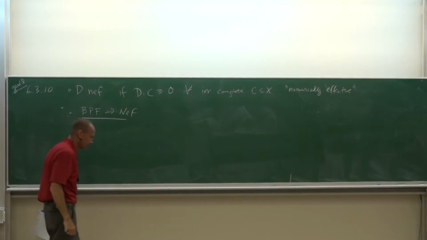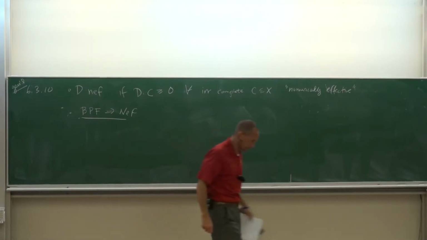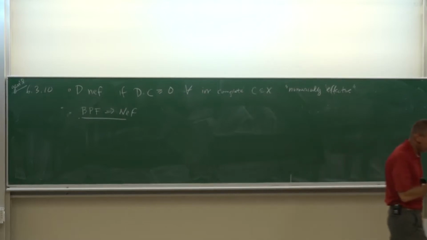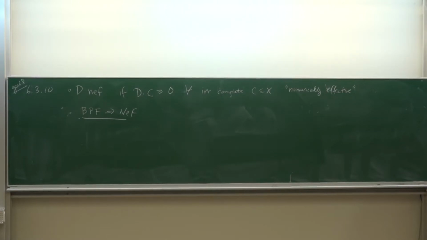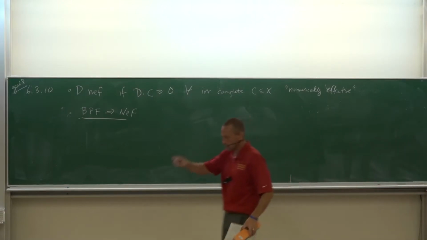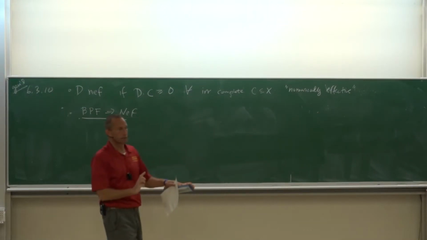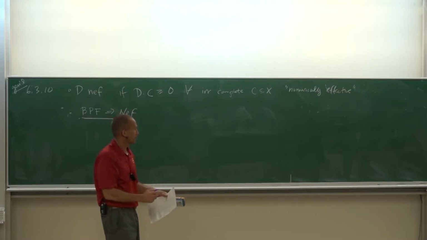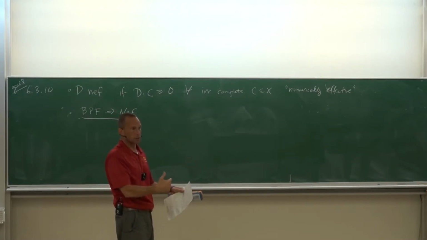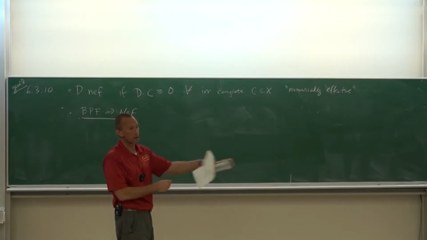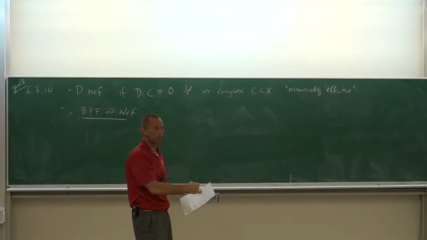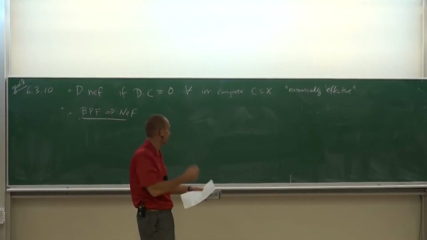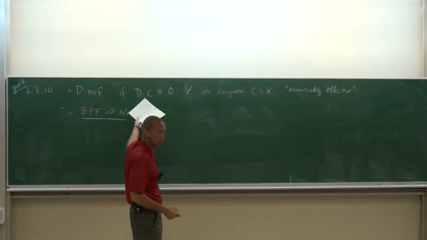Roughly speaking, the idea of why base point free implies NEF is the following. A lot of this stuff seems very abstract, but it's intuitive. A base point free divisor gives us a map to projective space, right? So if I have some curve sitting on my variety X and I map it to projective space, either the divisor restricted to that curve is ample or very ample, and the curve has an image which is a curve, and then I'll have a degree, and that degree is exactly this number.